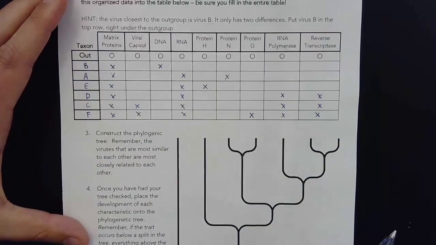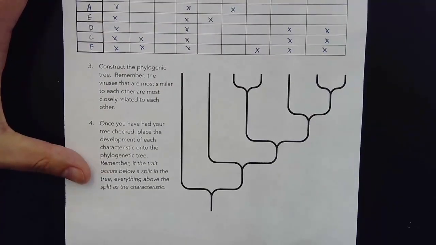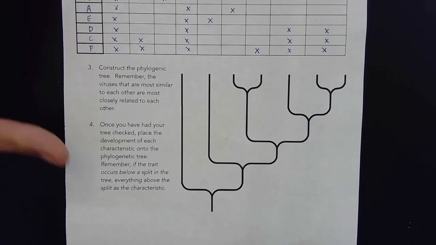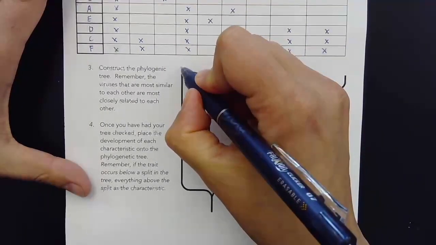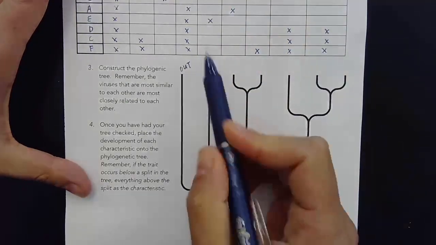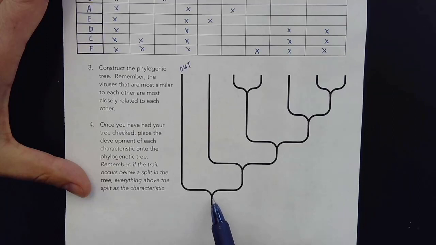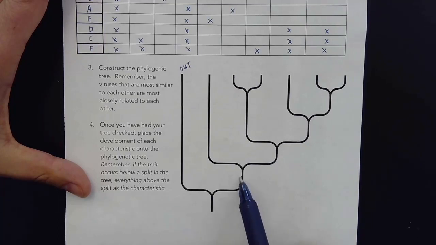So now that we have our characteristics, we're going to construct our phylogenetic tree. First, this represents our outgroup. Our outgroup is closely related, but all of these viruses have something that evolved right here that the outgroup does not have.